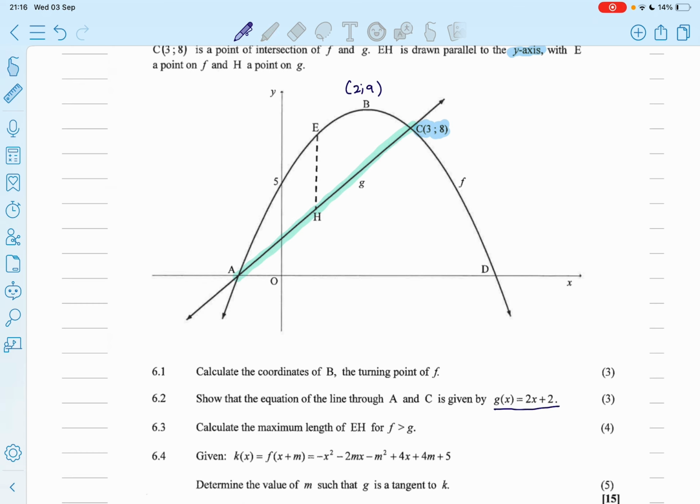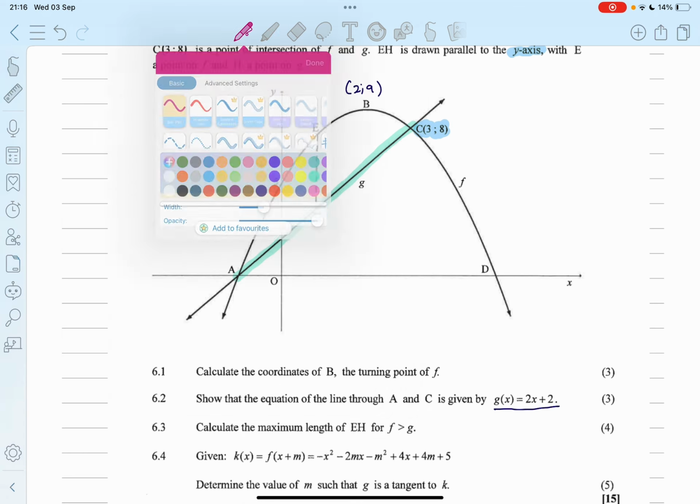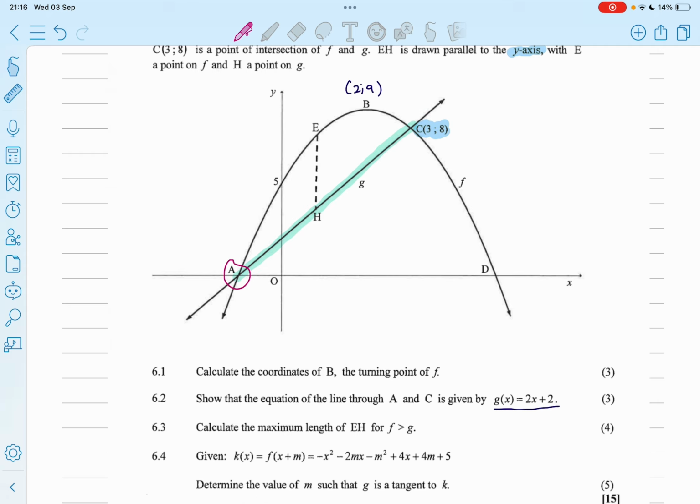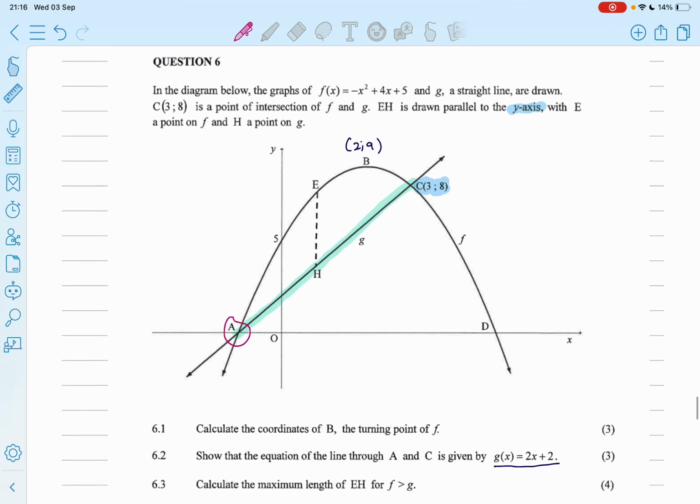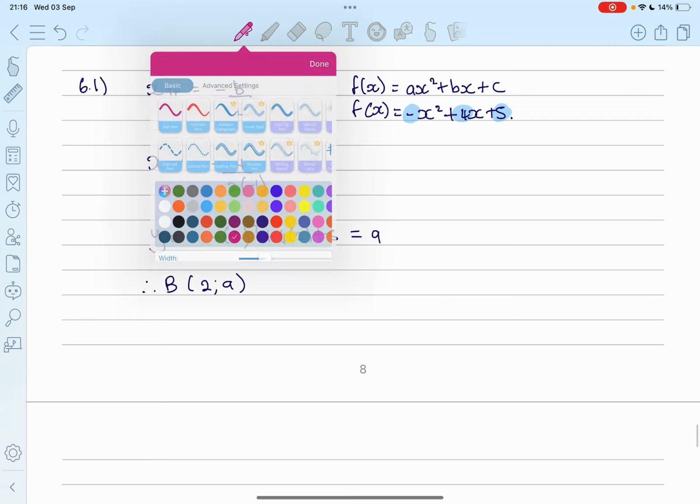Luckily for us, point A over here is an x-intercept of our parabola. So if we can get the intercept of our parabola, we'll then be able to use that intercept at A and then substitute it into the gradient equation. So let us do that.